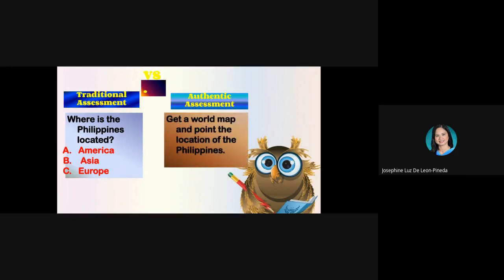You get a world map and allow students to point to the location of the Philippines. That is an example of an authentic assessment, having the same objective of determining if the students know how to locate the Philippines in the map or in the world.